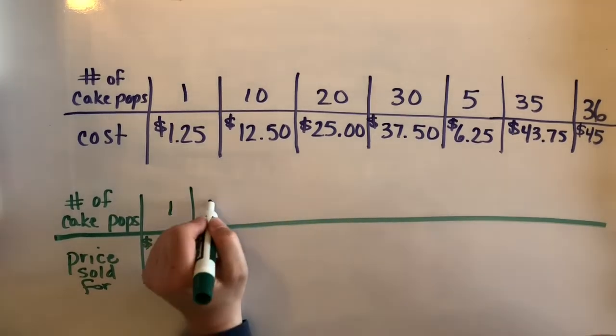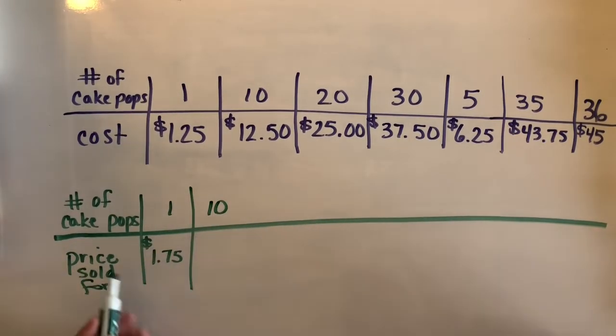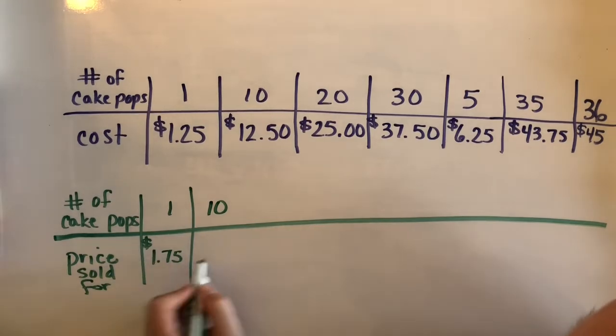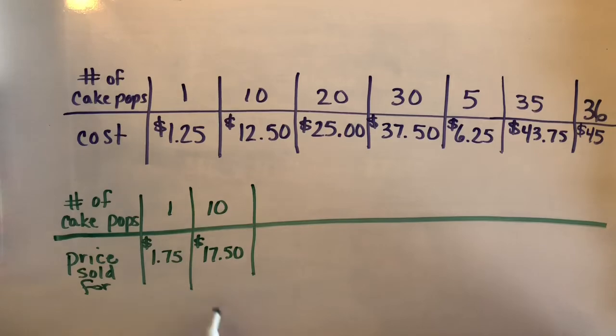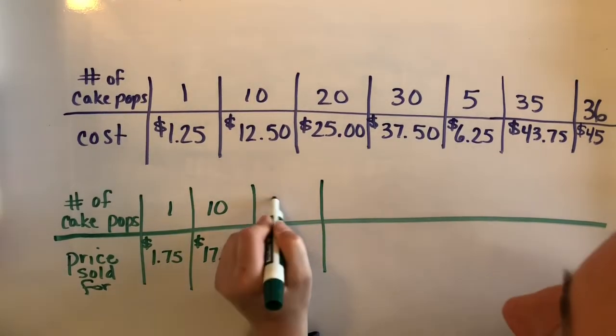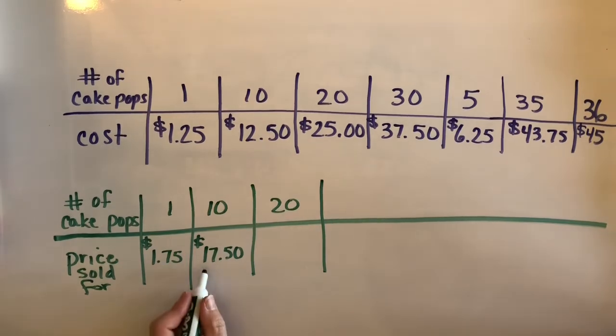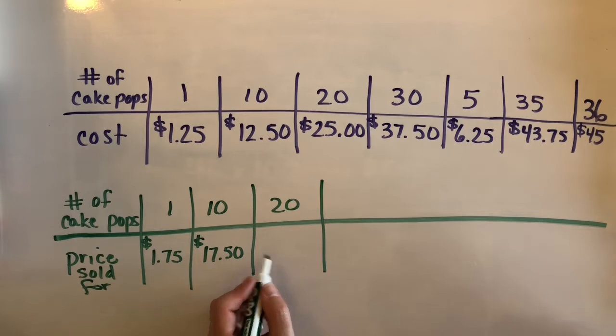So again, if we do 10 of these, we move the decimal over, and it is $17.50. So therefore I can do 20 of them, which is doubled. 17 doubled is 34, 35 because of the 50 cents.